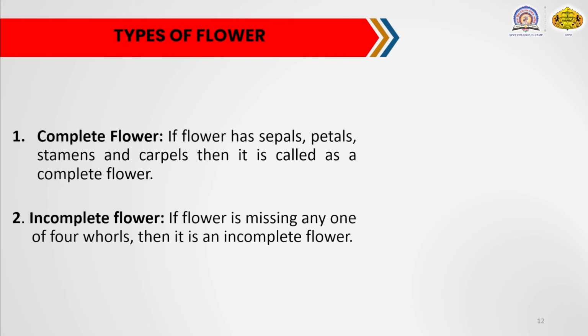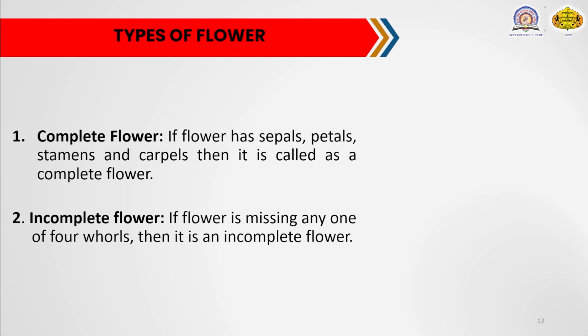Now we are going to learn about the types of flowers. There are two main types of flower: complete flower and incomplete flower. These types are made on the basis of whether all floral whorls are present or not. So a complete flower is a flower that has sepals, petals, stamens and carpels.